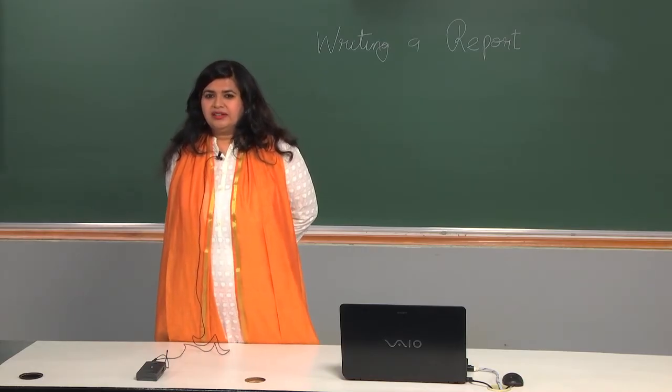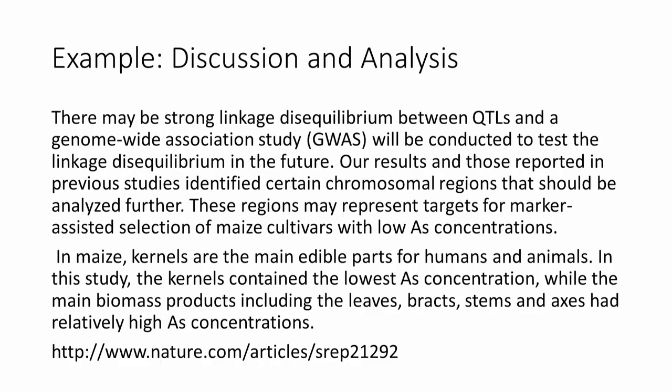Now, look at the slide here. I am giving you one example of discussion and analysis. Let us read this particular slide. The full text is given, the link is given at the bottom of the text. There may be strong linkage disequilibrium between QTLs and a genome wide association study will be conducted to test the linkage disequilibrium in the future.